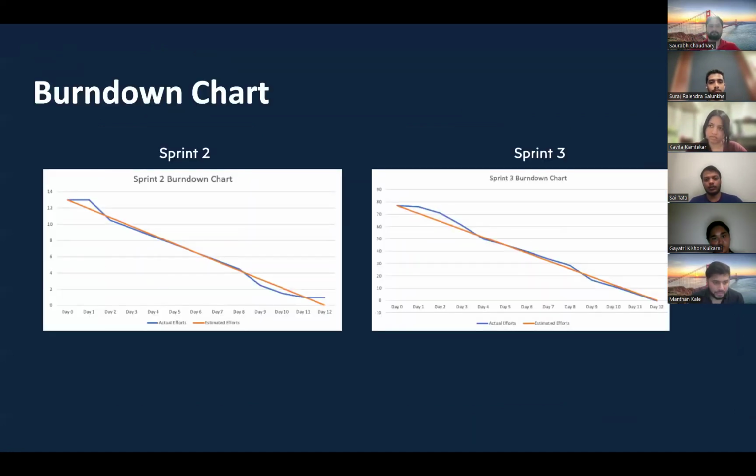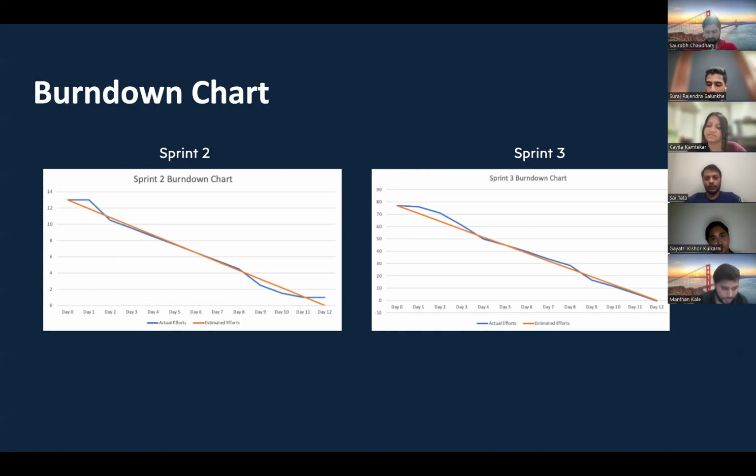So here, we have the burn down chart. On the burn down chart, we have the actual line, and we also have what we completed. For sprint 2, we didn't start off very well. For the first few days, we were behind schedule, and then later on we started picking up a lot of stories.